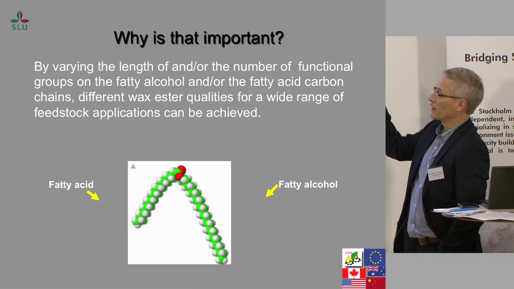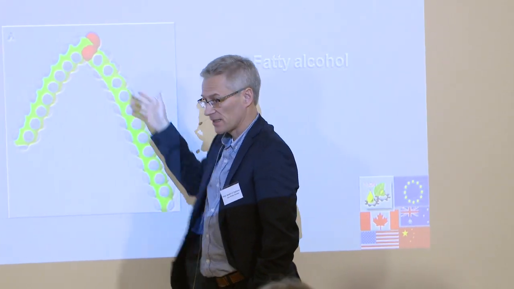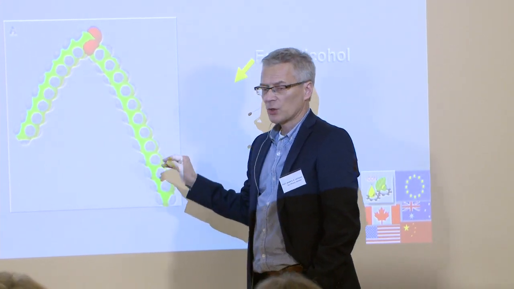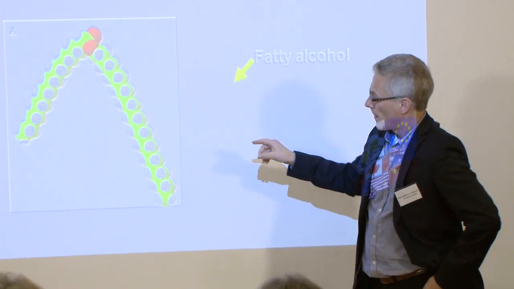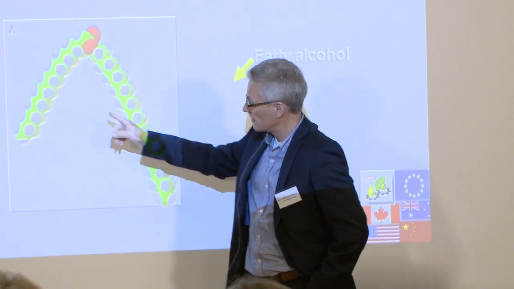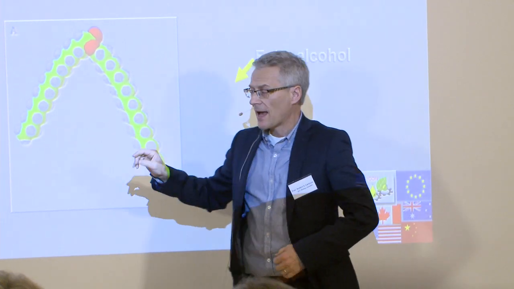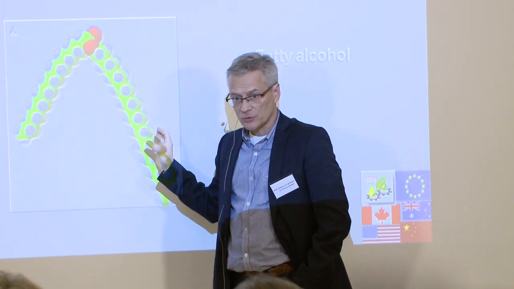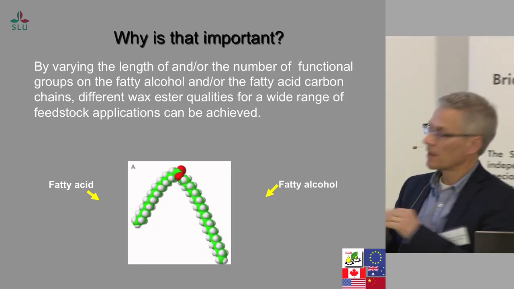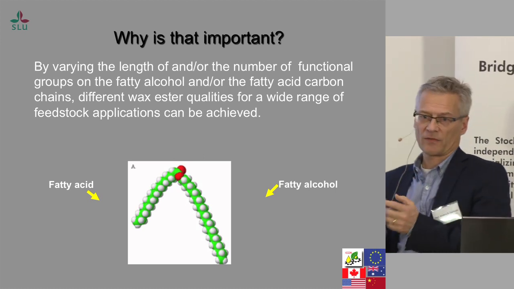And so why is it important? Well, the thing is that this molecular structure, the wax ester structure, a fatty acid and a fatty alcohol, you can vary that structure a lot, changing the length of the carbon chain of the alcohol, changing the length of the fatty acid carbon chain, adding different types of active groups here, and all of these changes will make specific wax esters that have specific properties.